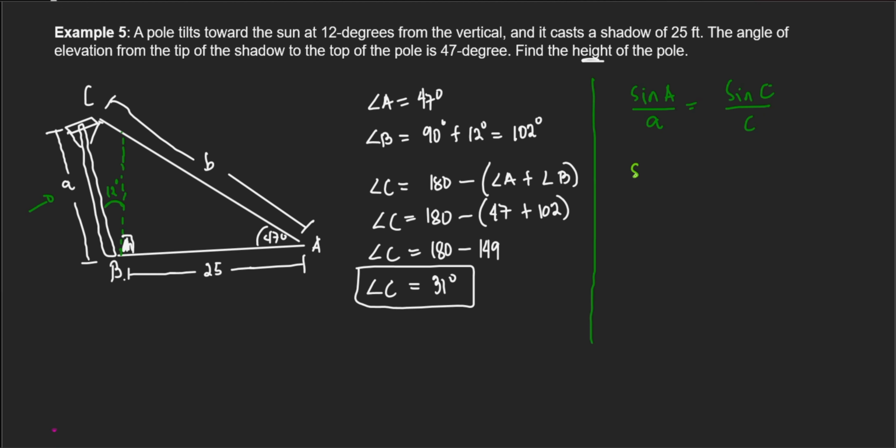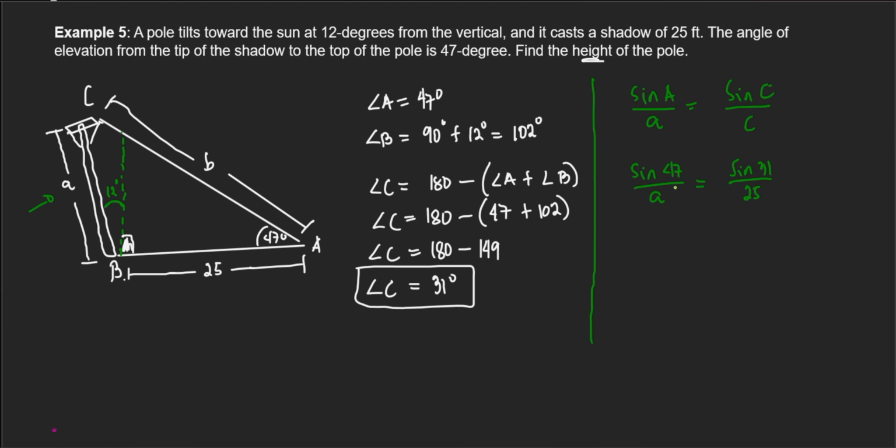So sine A, yung A natin, that is 47 degree. Then yung A natin na maliit, since that is missing, isulat lang natin yung A. Then sine C, we have 31. Then yung maliit na C, that is the opposite, so we have 25.